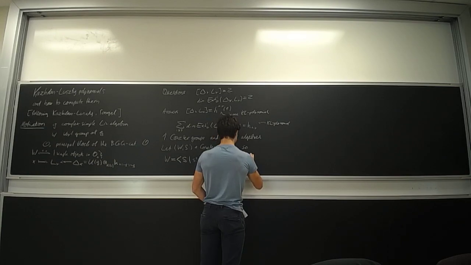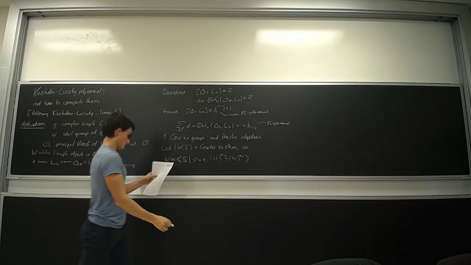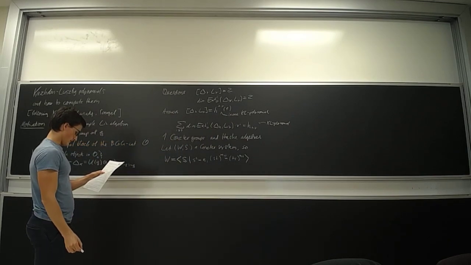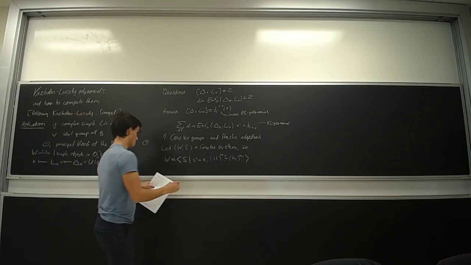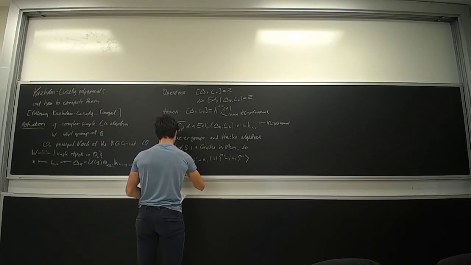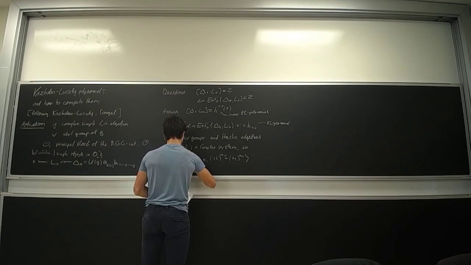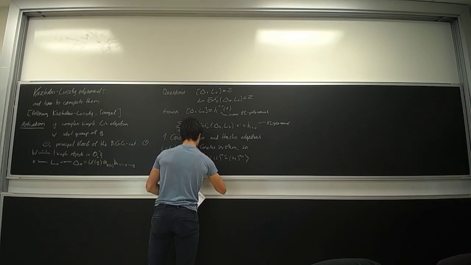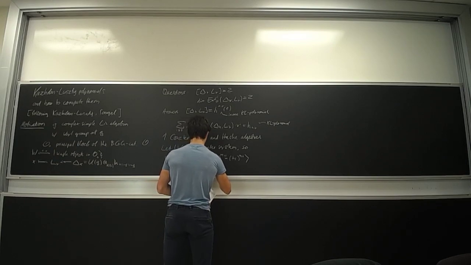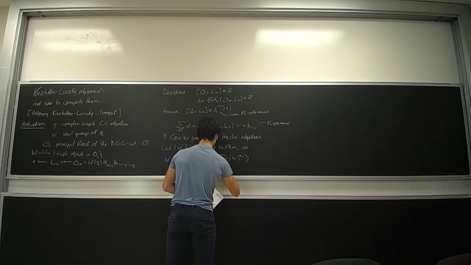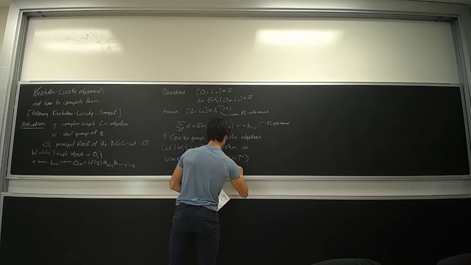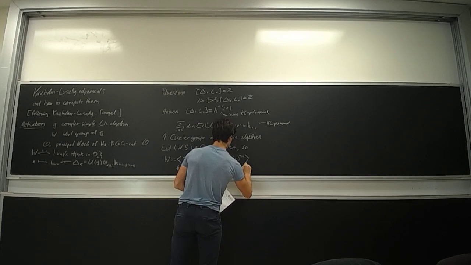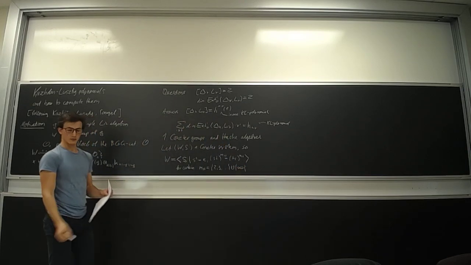Okay, and we have these relations for certain m_st, which should be greater or equal to 2, but it might also be infinity. So the product of two of these involutions might have infinite order.